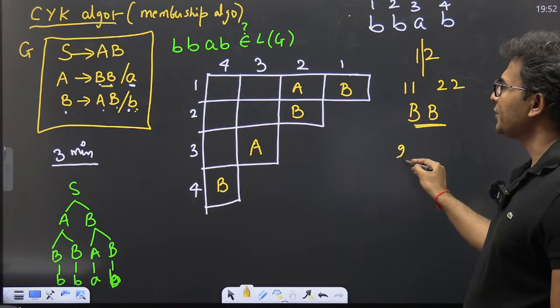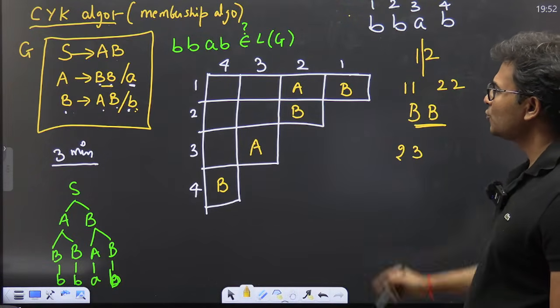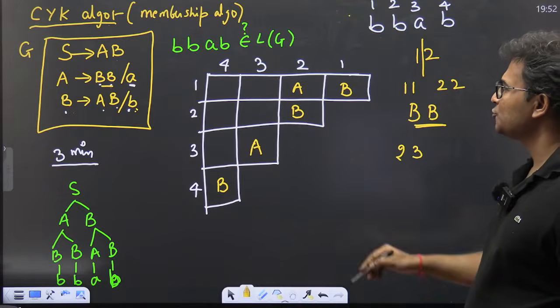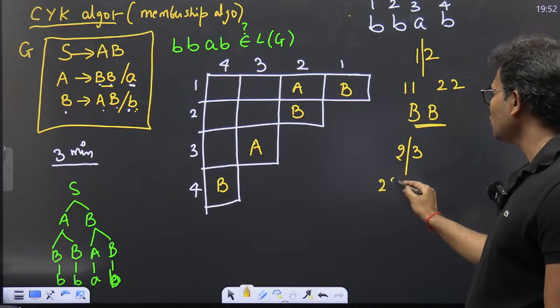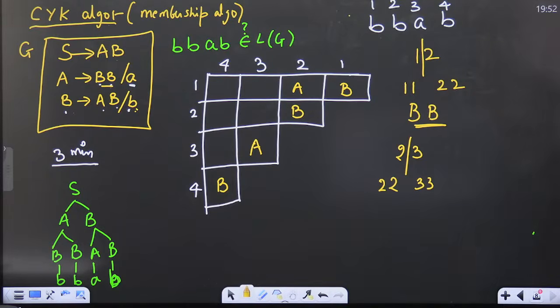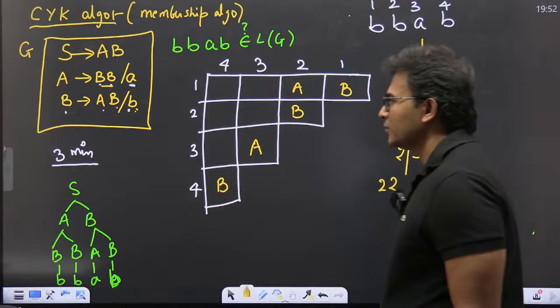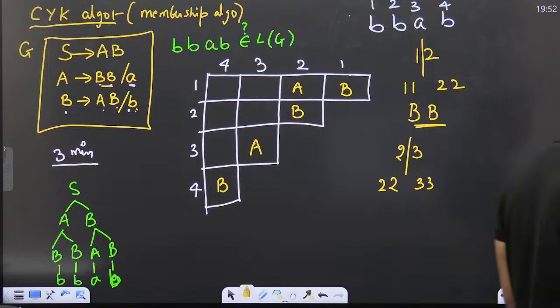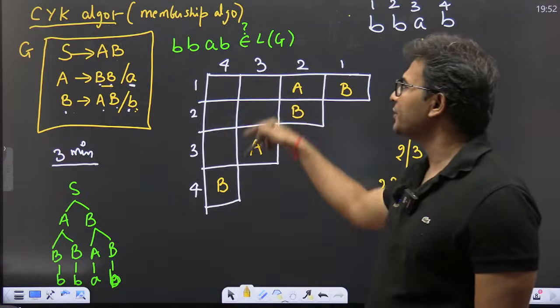Now 2 3. 1 2 is over. Now this next cell is 2 3, which means it is 2 2 3 3, right?